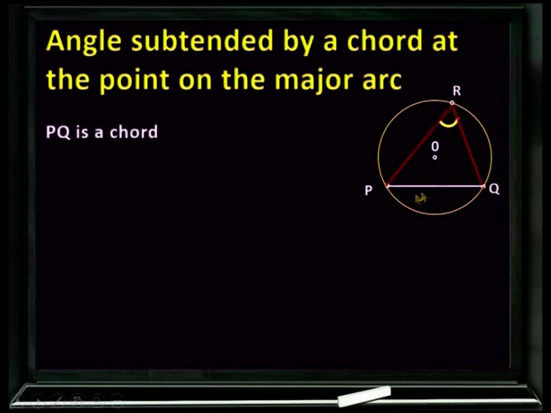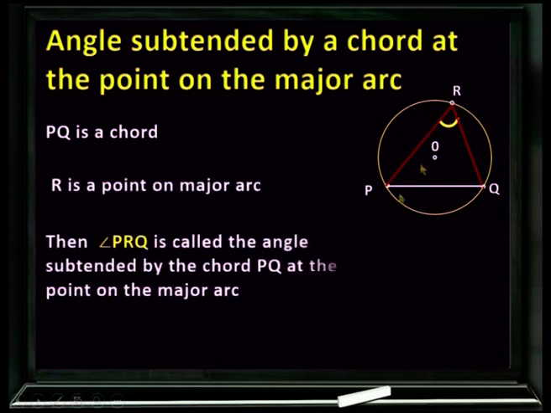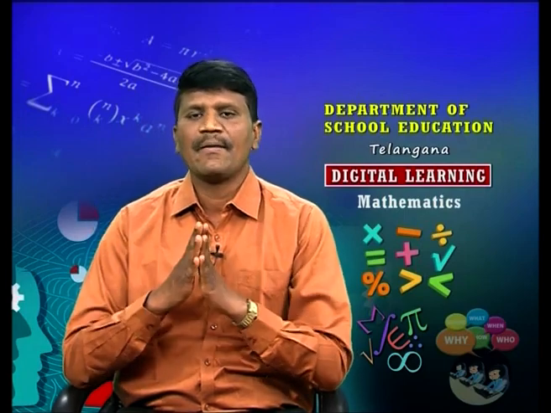PRQ is called the angle subtended by the chord PQ at the point on the major arc.